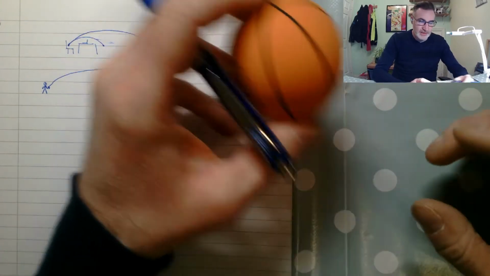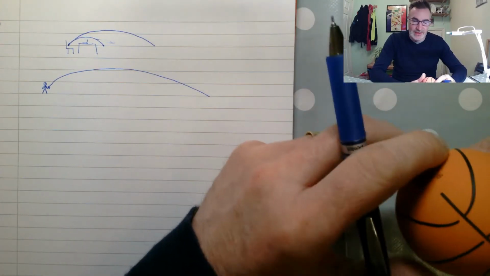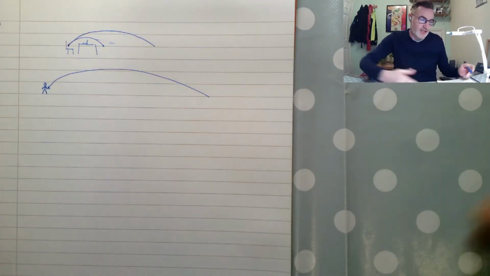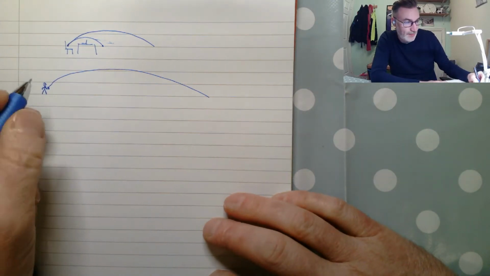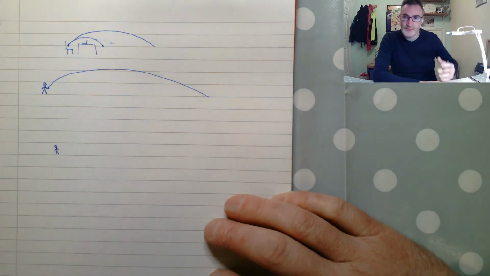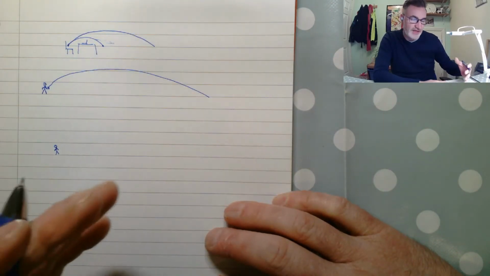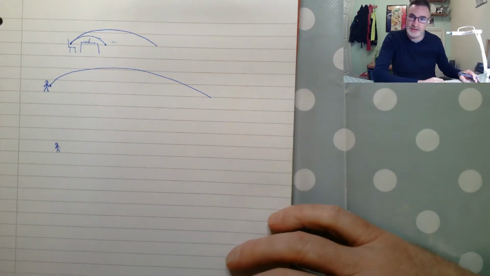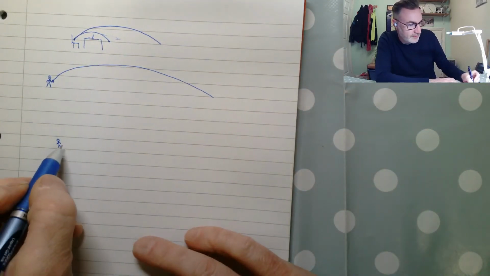Now, if we imagine that I could take this to the next level and the next level and throw this incredibly hard, the harder I throw it and the faster I launch it, the further it's going to go.